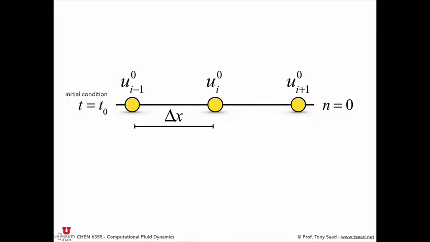So ui0 is going to tell me that this is the initial condition, the value of ui at time t equals 0. Same thing for ui minus 1, same thing for ui plus 1. Clear? Typically, this is given to you. You start with this initial condition.